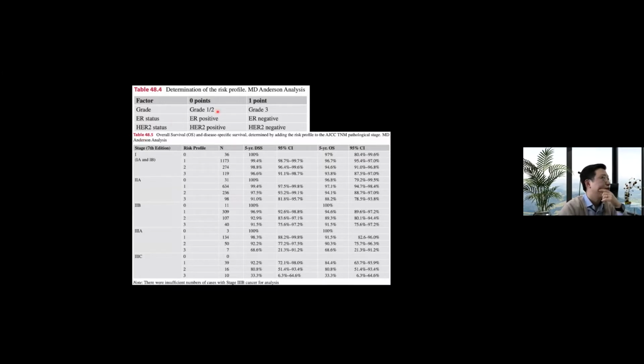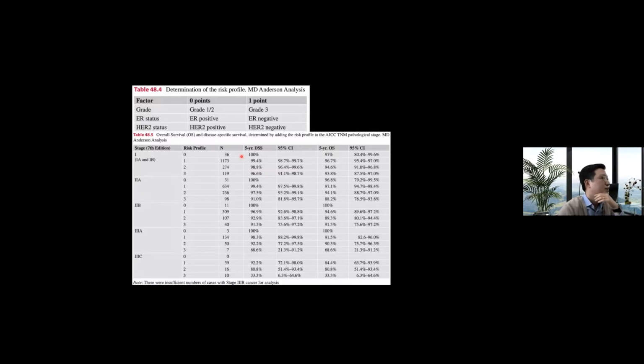If you give points according to grade, ER, and HER2 status as 0 or 1 and sum them up, then even though the patients have the same stage according to TNM stage, their survivals are significantly different according to the risk profile.